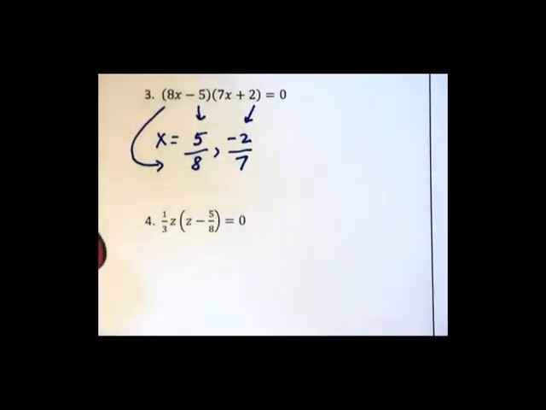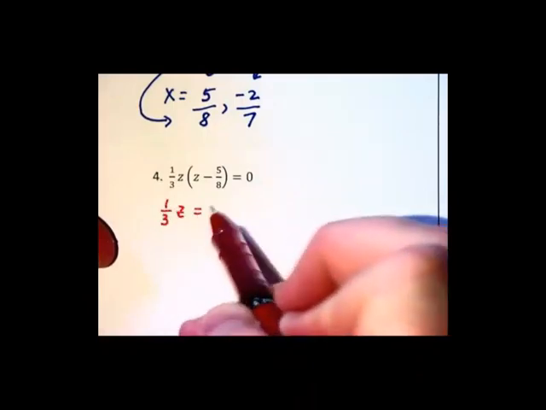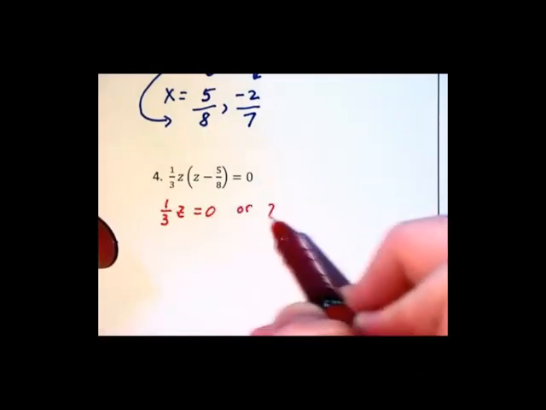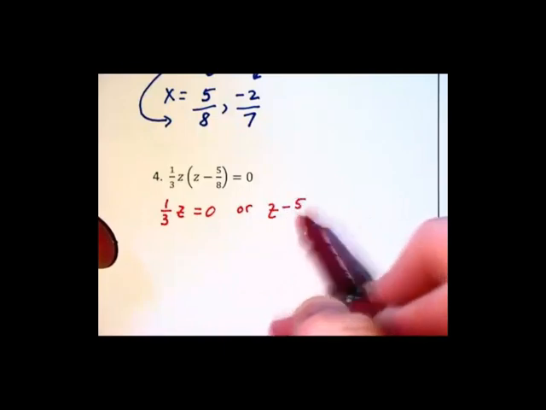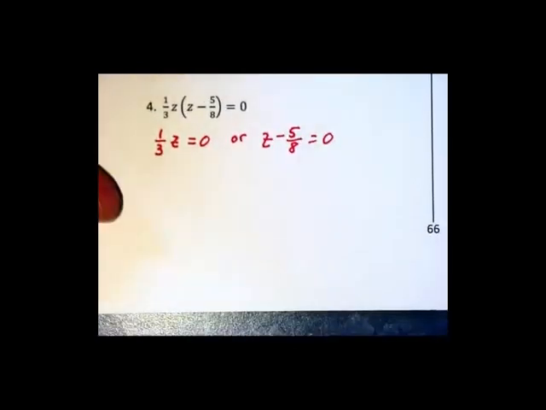Now, if it gets a little too messy, looking at something like number 4 sometimes can be confusing. That 1/3 z out front could equal 0, or the z minus 5/8 could equal 0. If it helps you to write the two statements there, a equals 0 or b equals 0, go for it.